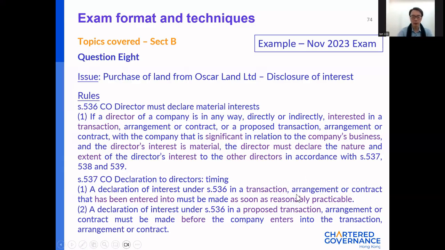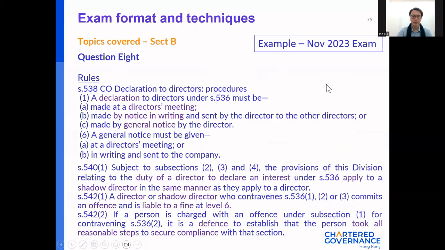So that's why it's important to declare, to disclose your interest, but also do it as soon as reasonably practicable, and also do it before the company concludes the transaction.